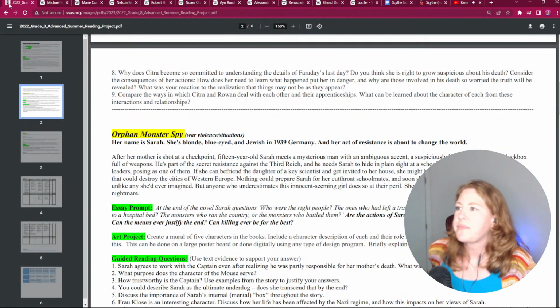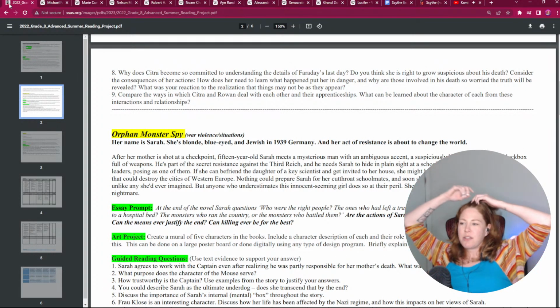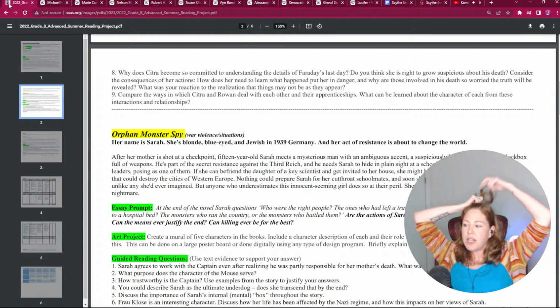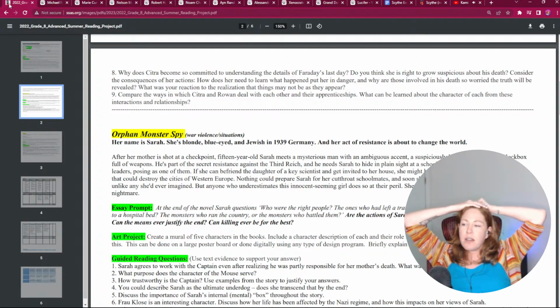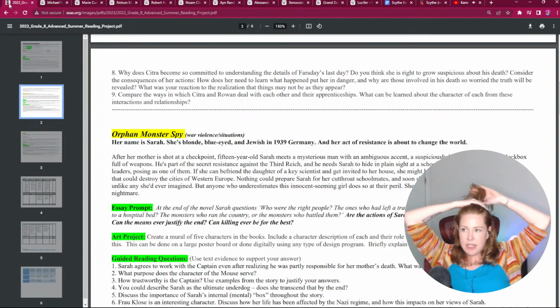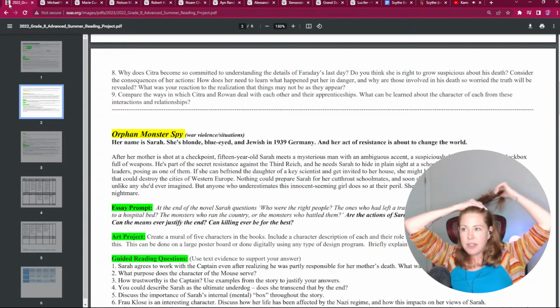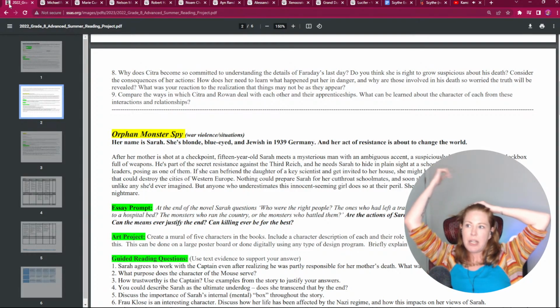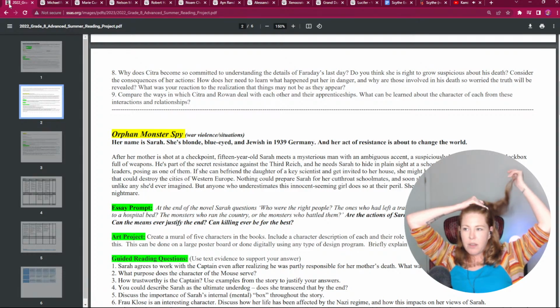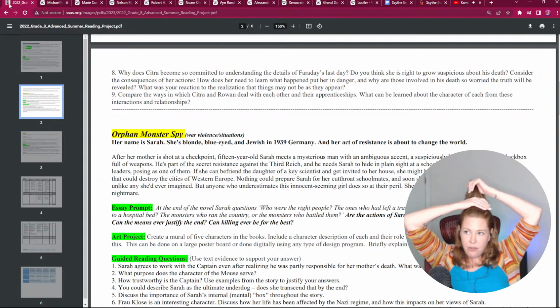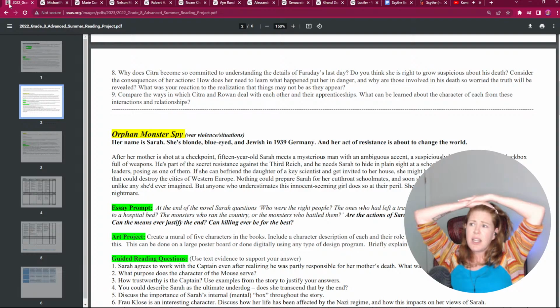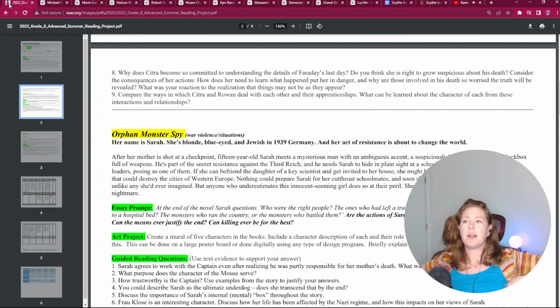Goodness. Okay. So we talked about this already a little bit, but Citra and Rowan are very different and obviously approach things differently. But clearly they have a bigger sense of the world itself, and I think they also have their own desire, their own motivation to change, right?